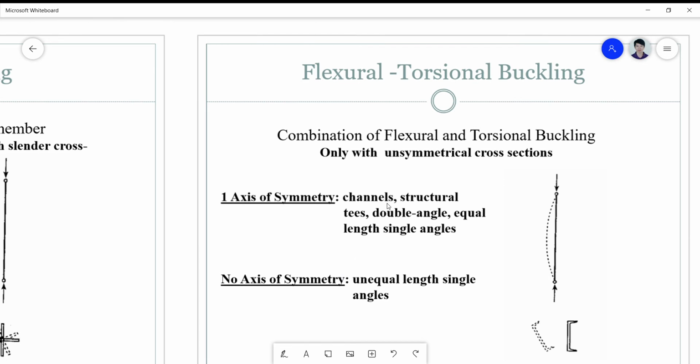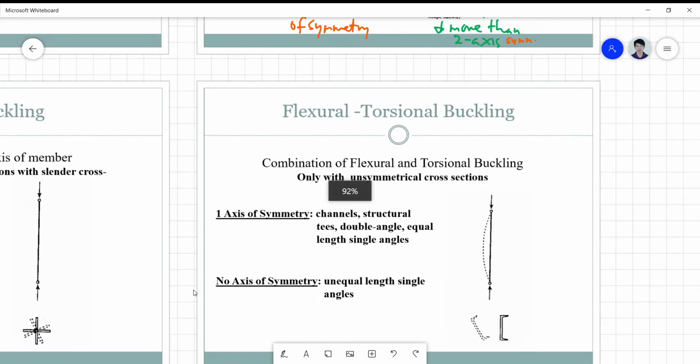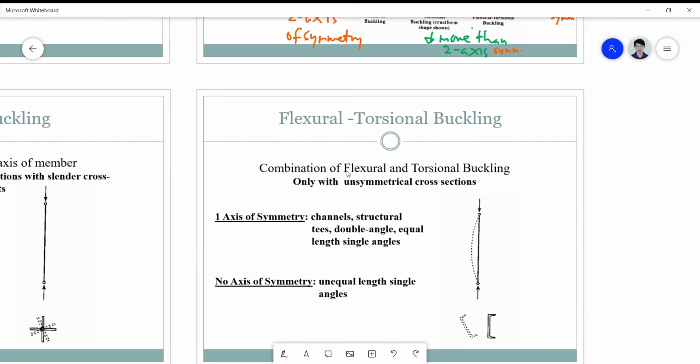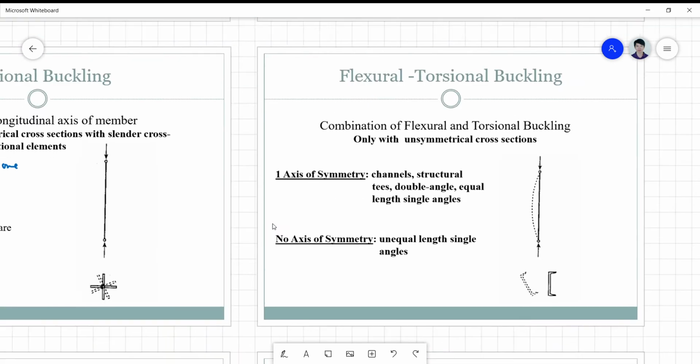So the channels, the T's, double angle with equal length, a single angle, are examples of one axis of symmetry. And for no axis of symmetry, we have the unequal length angle. So one axis and no axis are very much susceptible to the number 3 behavior, which is the flexural torsional buckling.